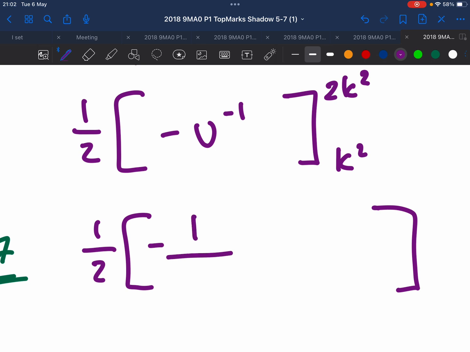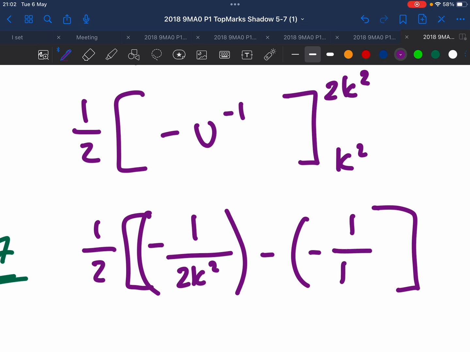I'm going to write minus 1 over 2k squared. Yeah, so that's the first limit done. Minus, this is potentially very easy to make a mistake here, isn't it? So that's why the first time I did that, to stop me from making that mistake. So minus, and then a minus 1 over k squared.